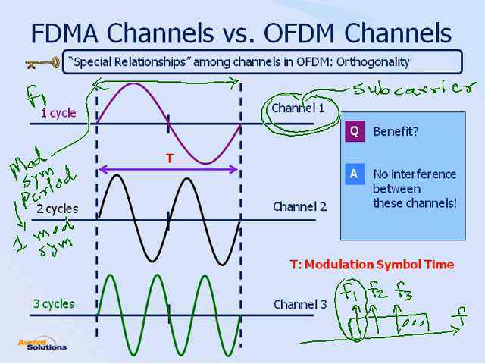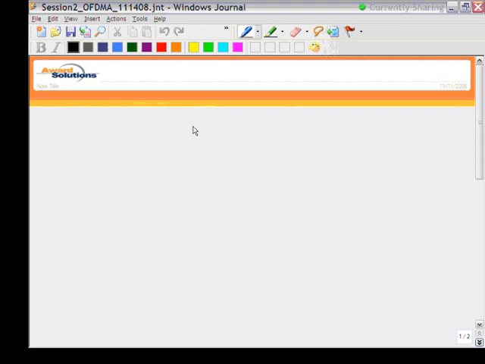So during one modulation symbol period, only a single modulation symbol is going out on that specific subcarrier. Now, can you tell me what this modulation symbol is? What does it represent in simple terms? Who will tell me?